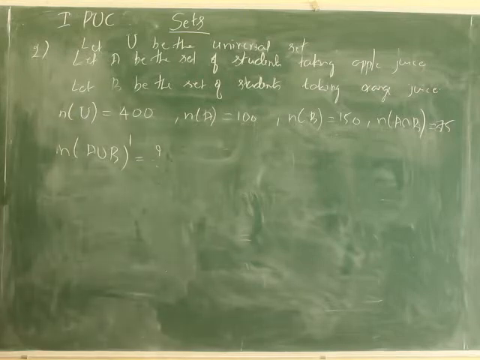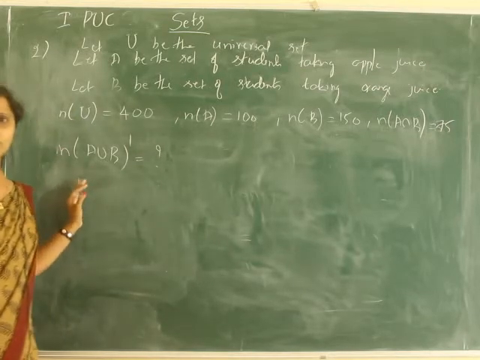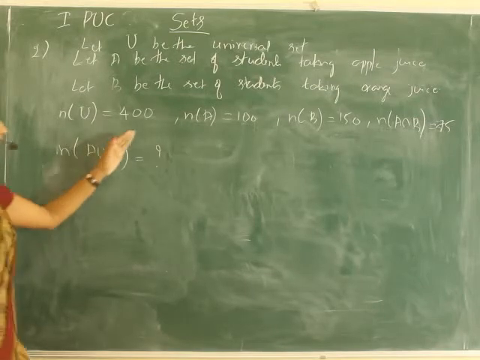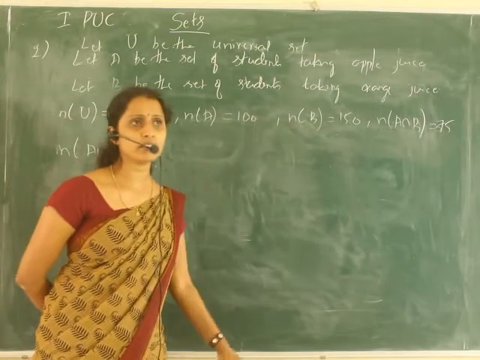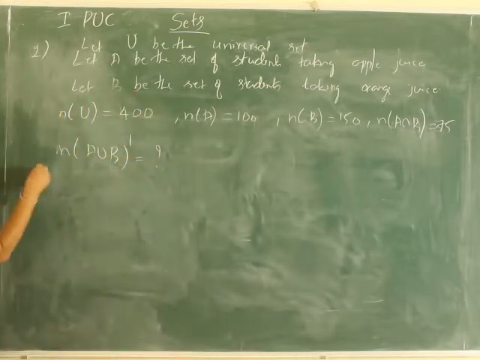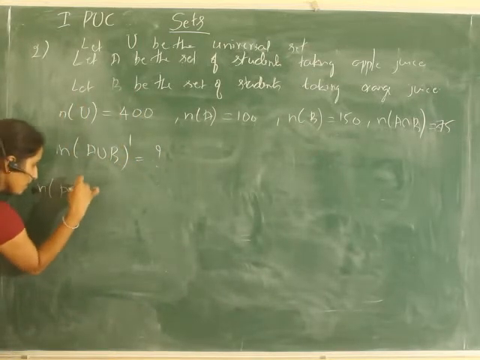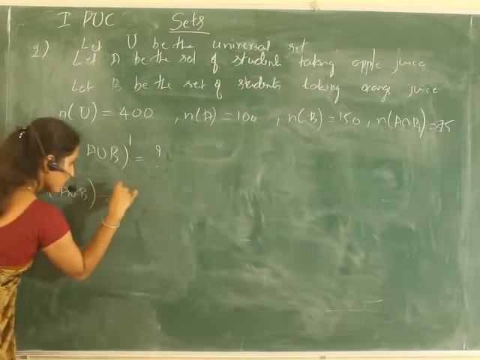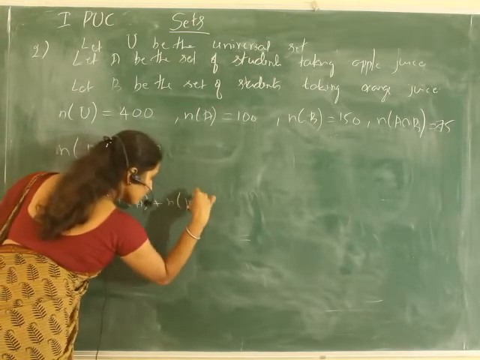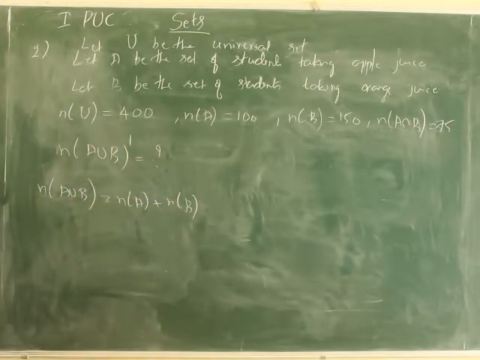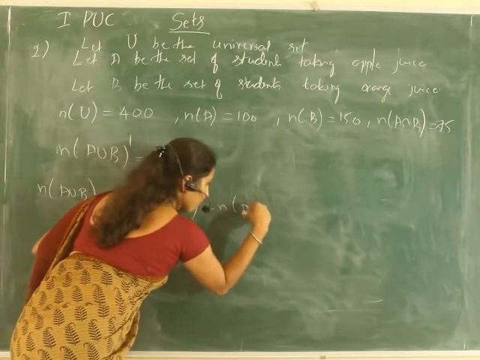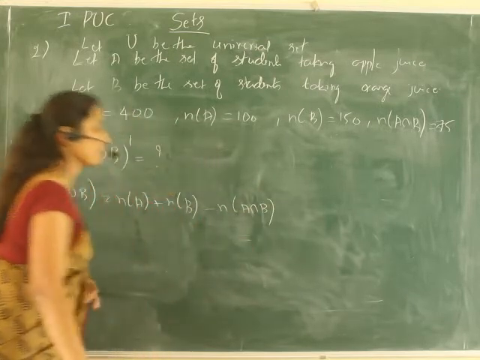To calculate the complement of the union, first we have to calculate the number of elements in the union. We can calculate using n(A), n(B) and n(A intersection B). n(A union B) is n(A) plus n(B) minus n(A intersection B).